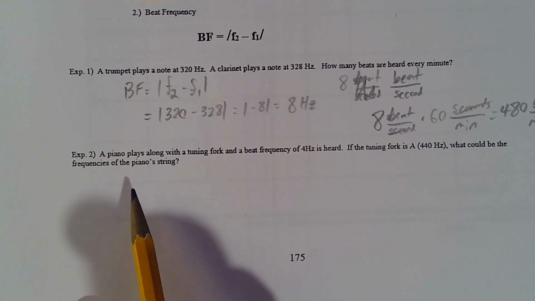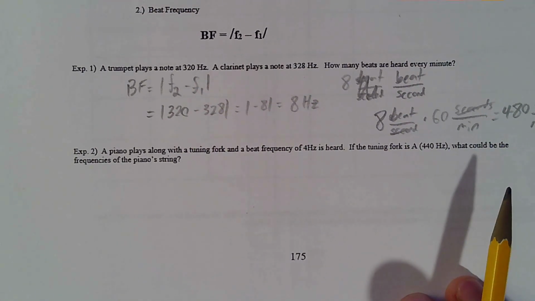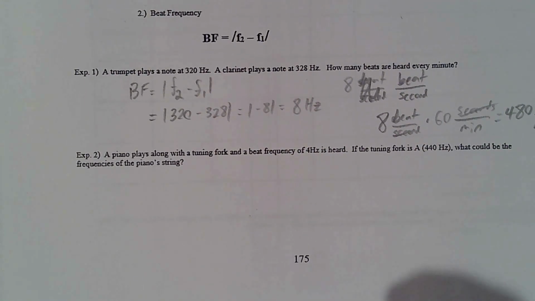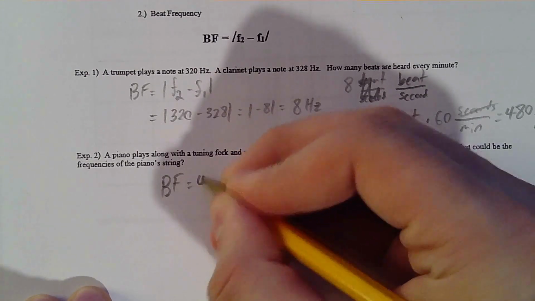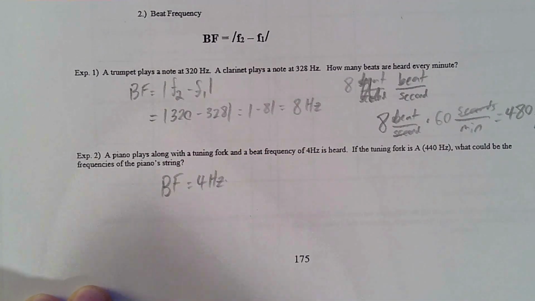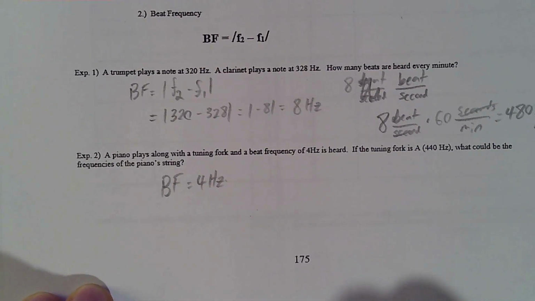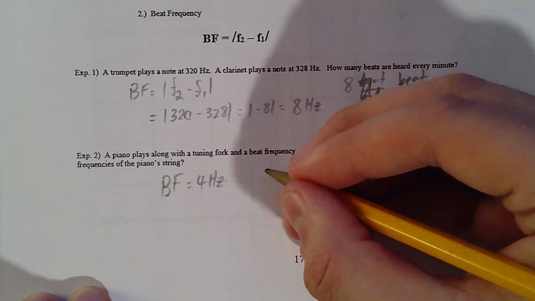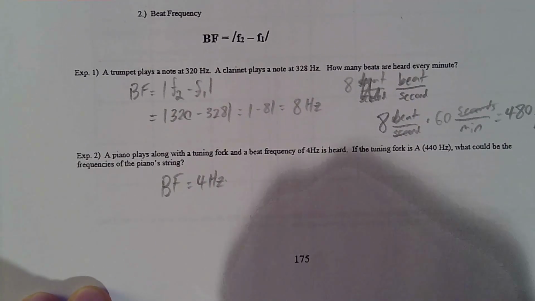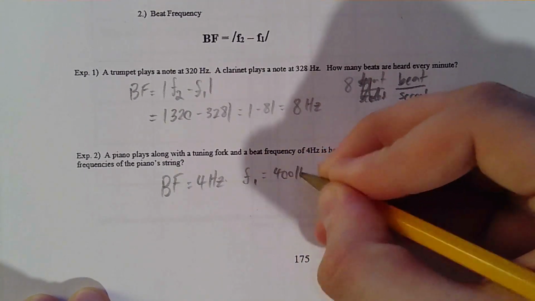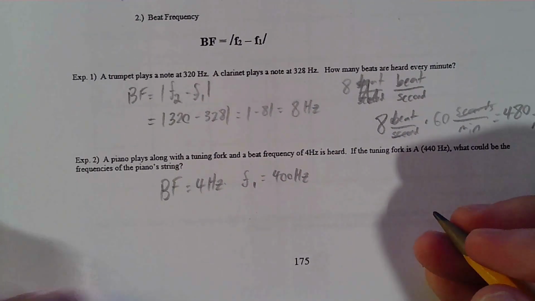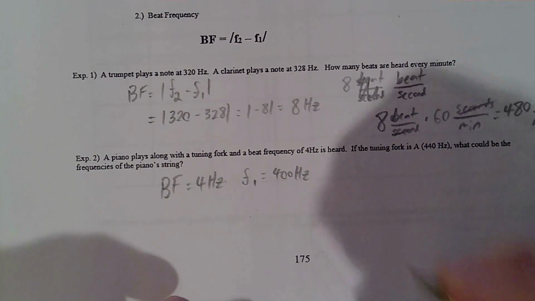Looking at question number 2, we have a piano playing along with a tuning fork that gives us a beat frequency of 4 hertz. That is the frequency that we hear in this space. The tuning fork is set at 440 hertz. If our, say, F1 is 440 hertz, then we're looking for the frequency of the piano.